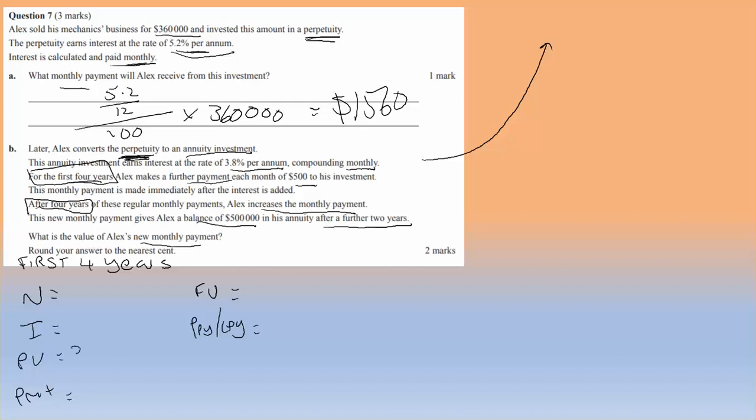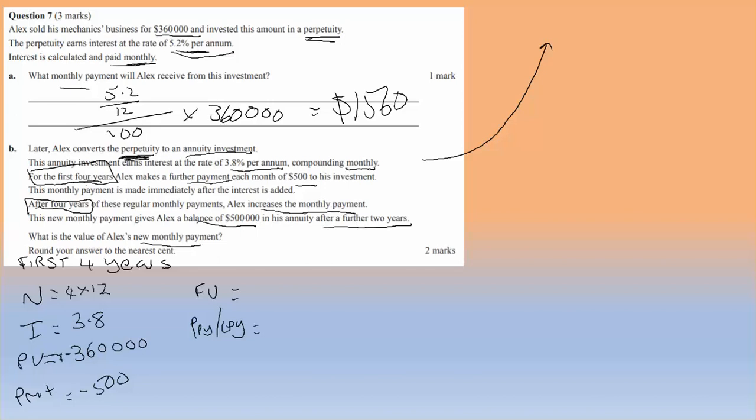So his present value is 360,000. That's not his money, it's the bank's money. So we need to put a negative there. That money is out of his pocket and into the bank. It's a rate of 3.8%. It's the first 4 years and it was compounded monthly. So 4 times 12. And he's adding 500, so minus 500 because it's out of his pocket and into his account.